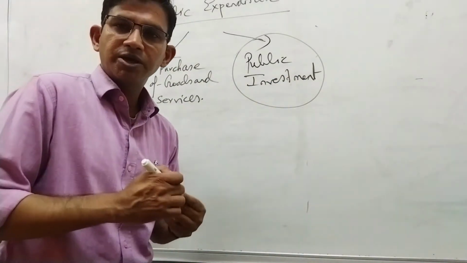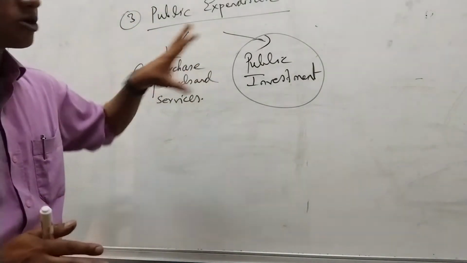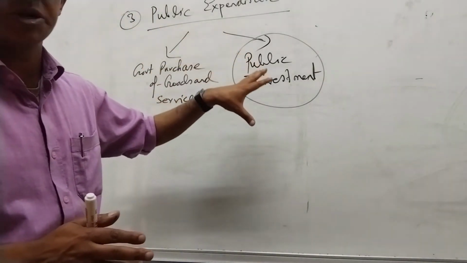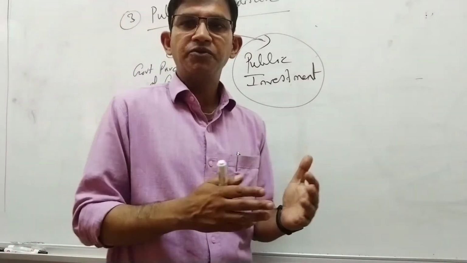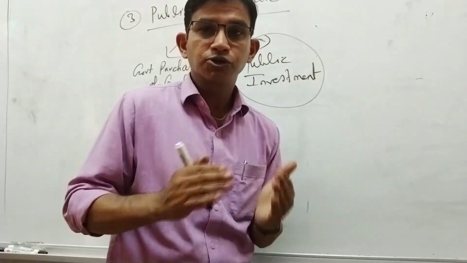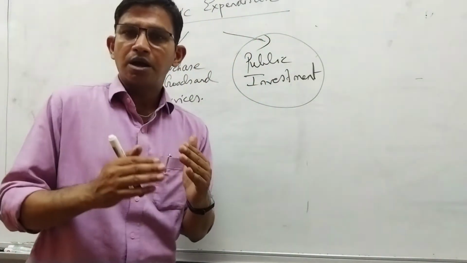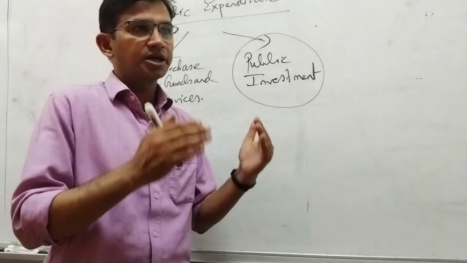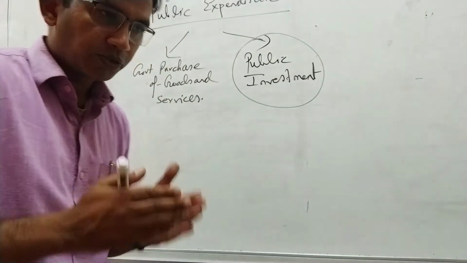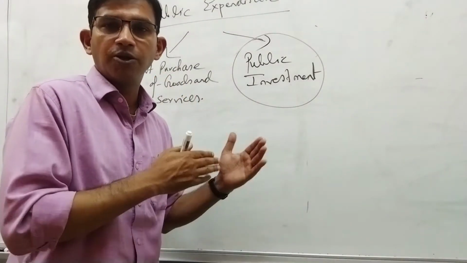In developing countries, public investment plays a significant role in expenditure, because normally we see different projects, which we call social overhead capital, in which private sector enterprises don't want to invest, because such projects need huge investment and the time of recovery is very long.